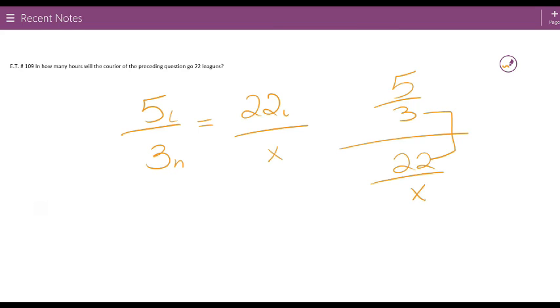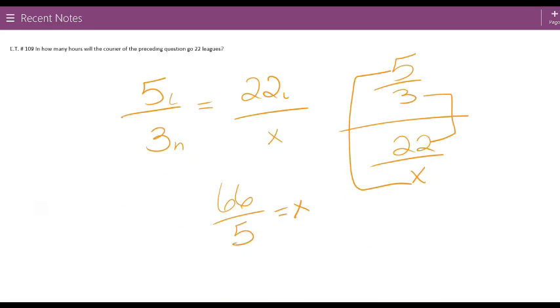So we do our means and our extremes. So it gives us 66 over 5, because we're dividing it by our extreme to find our other extreme, equals x, and then of course you would go ahead and reduce that.